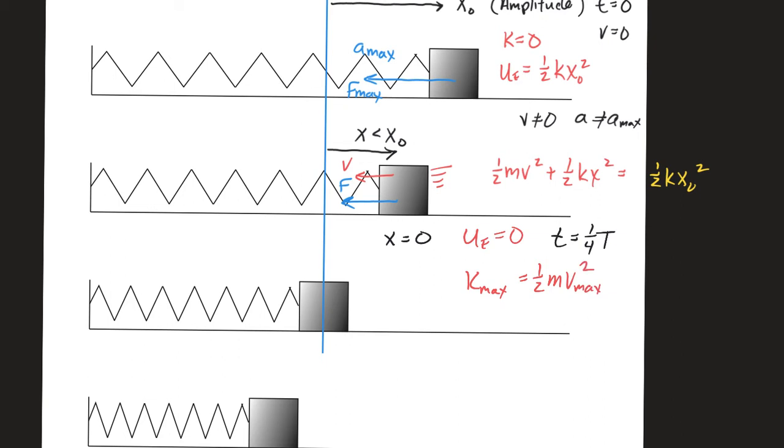And you have an expression for v max based on k, x naught, and m. Also, at this moment, the force is 0 and the acceleration is 0. So although we are at maximum velocity, there's no force acting on the system at this instant.